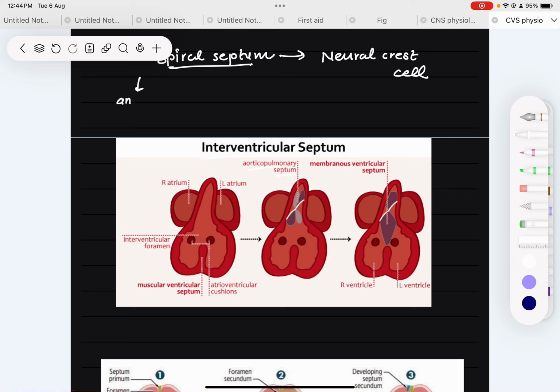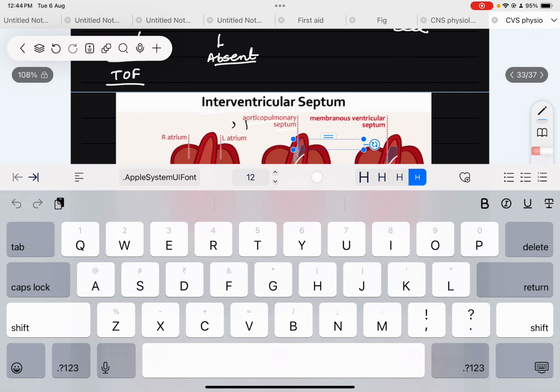Now what will happen if it is anteriorly displaced? There will be TOF, that is tetralogy of Fallot. If it is absent, then there will be persistent truncus arteriosus.